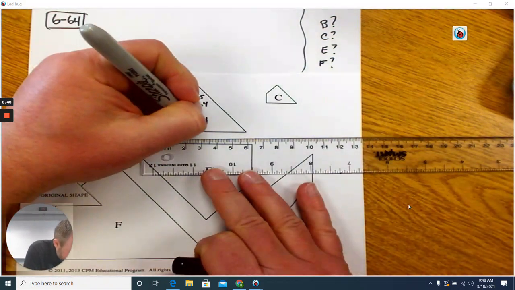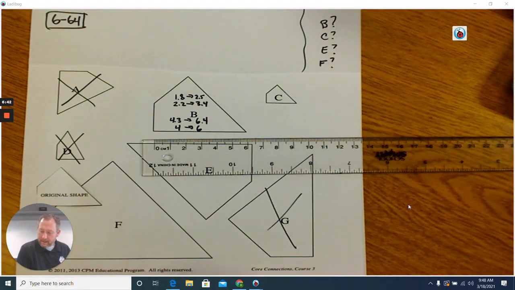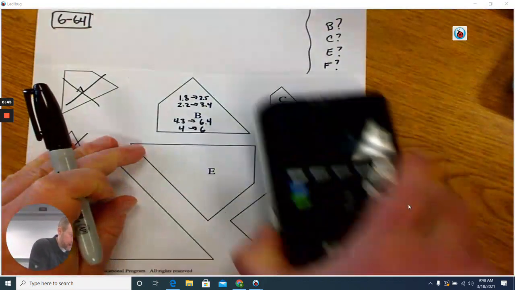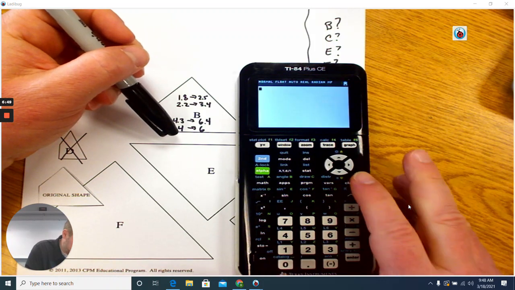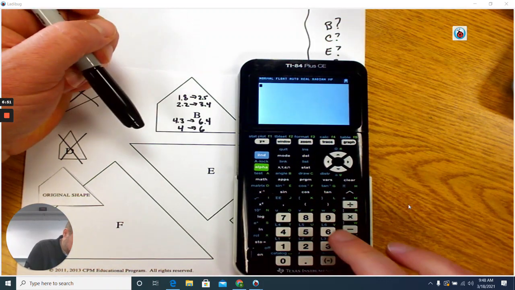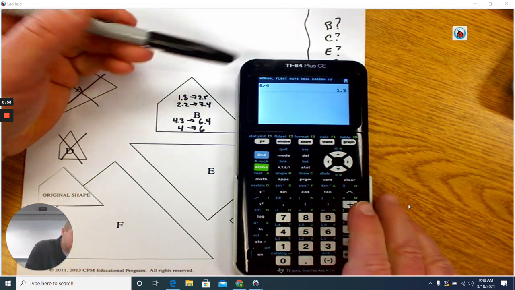So if I right now just simply look at the 4 to 6, 6 divided by 4 is 1.5.